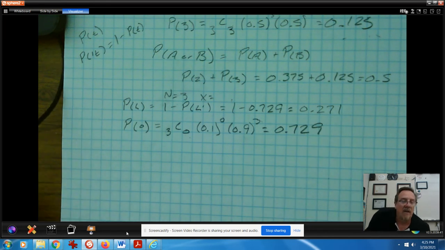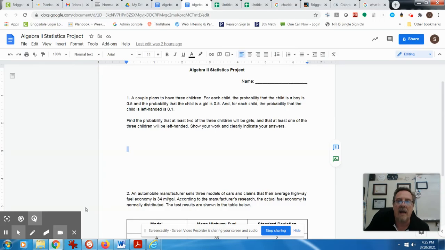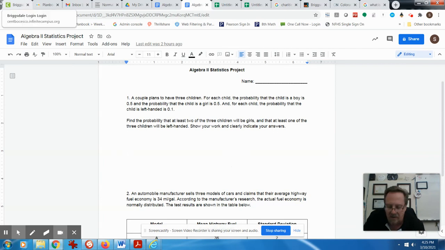However, if we go back to the problem at hand, it says, let's find the probability that at least 2 of the 3 children will be girls, and notice it says and here, right? That's an and. That at least one of the 3 children will be left-handed. So we've calculated these probabilities independently, but we now need to combine them.